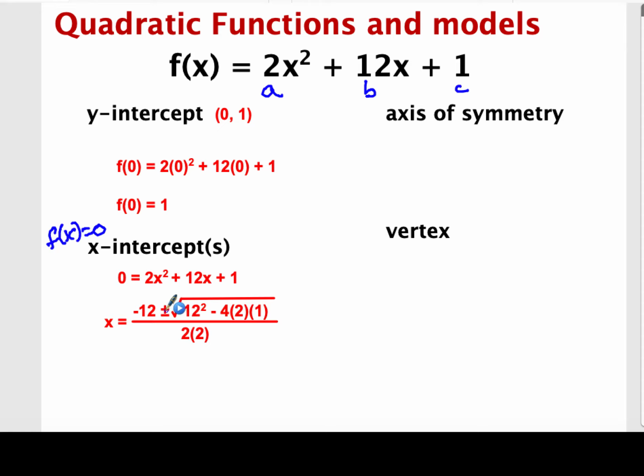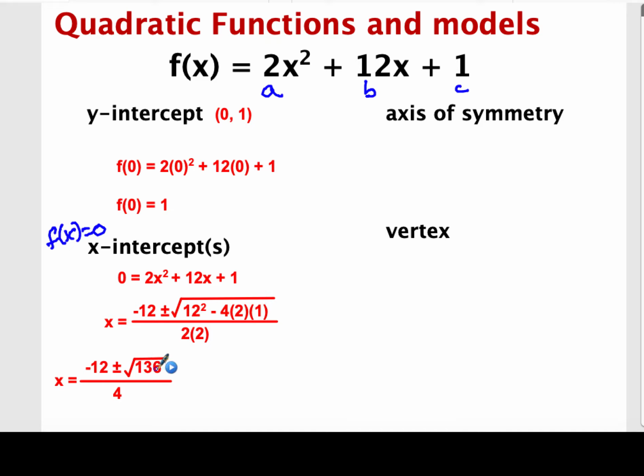Negative b plus or minus the square root of b squared minus 4ac, all over 2a, taking advantage of a, b, and c up here from our equation. If we pop those into the calculator, since we're looking to graph, I'm not really looking for exact value answers. So I would just find that discriminant, make it a little easier to type in the calculator, and find that number underneath the root.